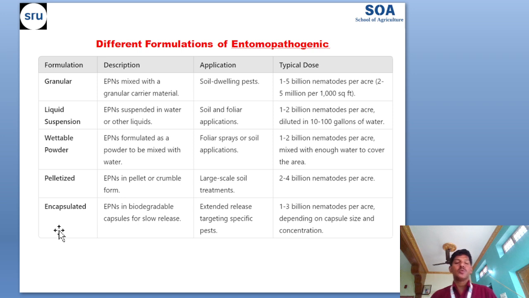Encapsulated form is also useful for plant, that is foliar application, and soil application. See here the typical dose. It ranges from 1 to 5 billion nematodes per acre, and it will vary with nematode species and their age and stage.